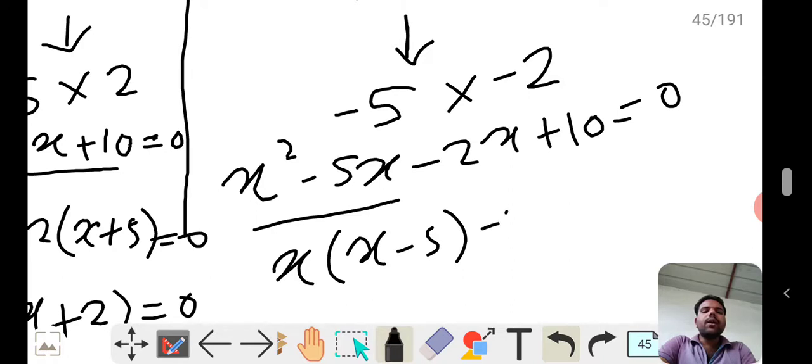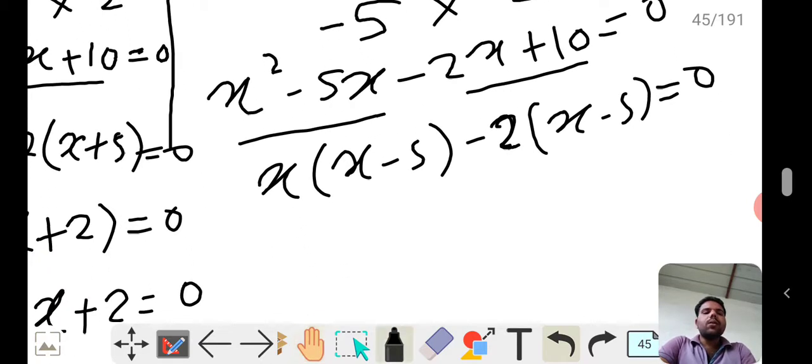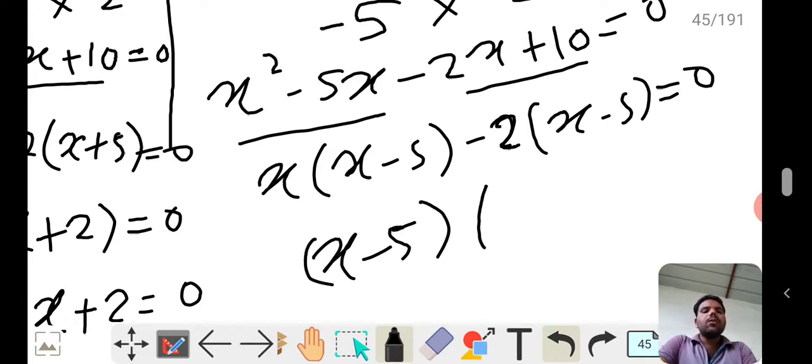If we take minus 2 common from the other two terms, we get x minus 5, is equal to 0. From these two terms we take x minus 5 as common, and we have x minus 2 in the second bracket.